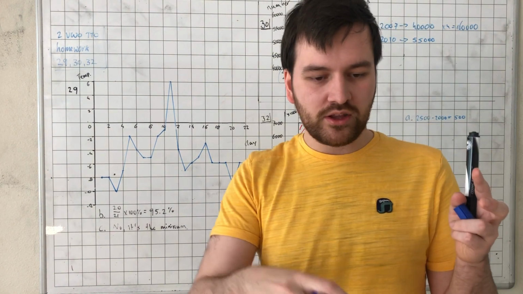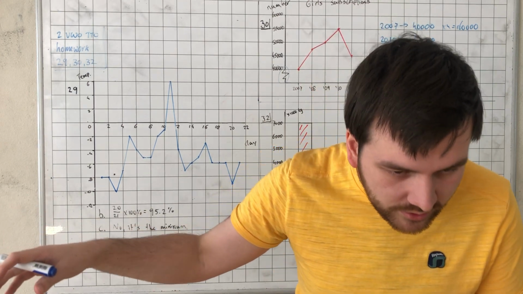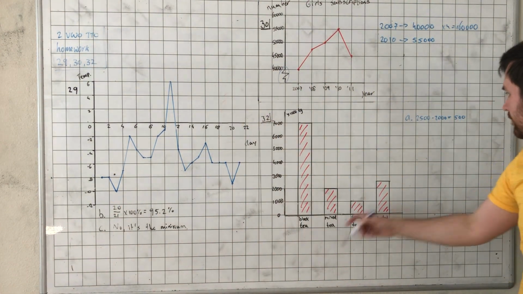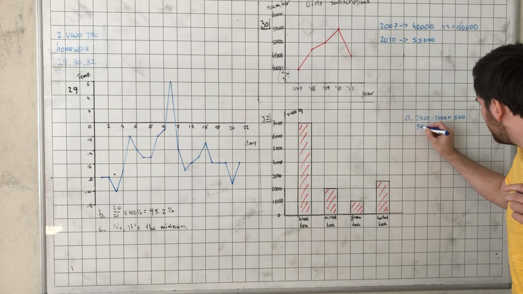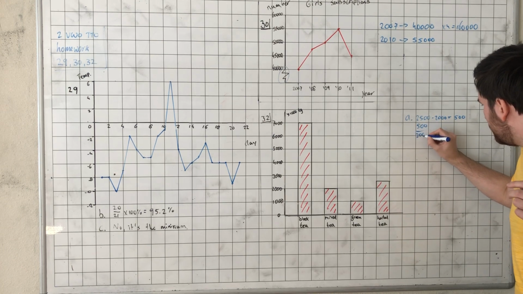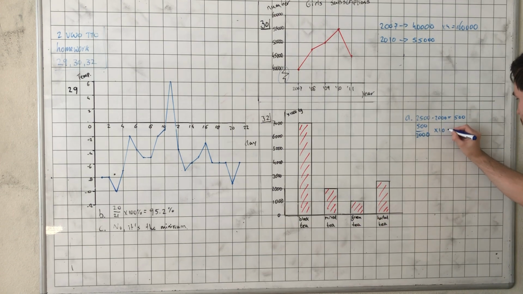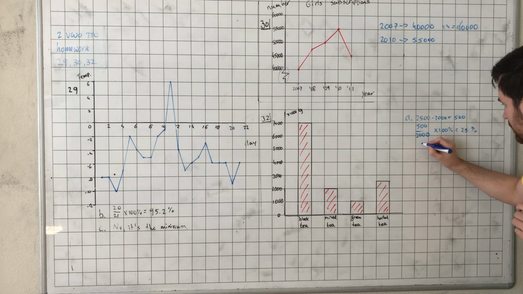You are comparing it to, let's see, in this case, then mixed tea. So you are comparing it to mixed tea. So you are comparing it to 500 over 2,000, because this is the number for mixed tea, times 100. Which means it's 25% more. So 25% more.